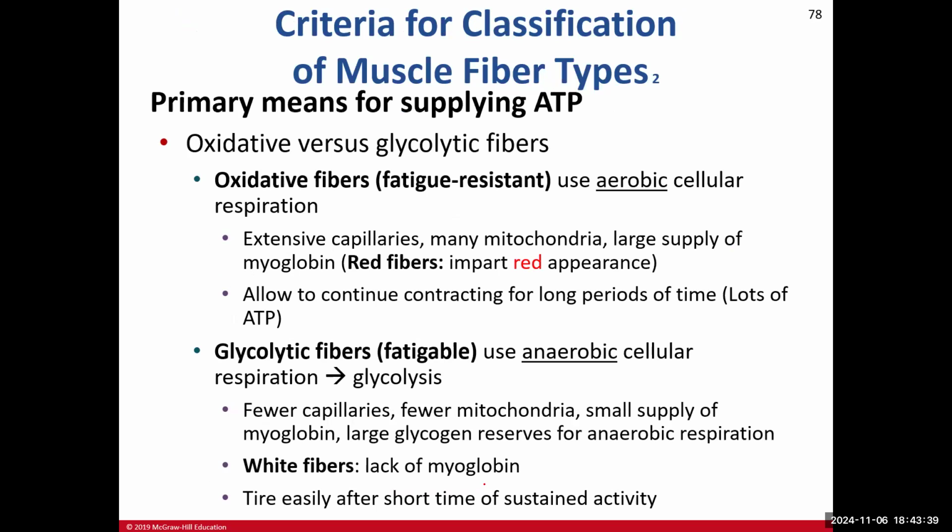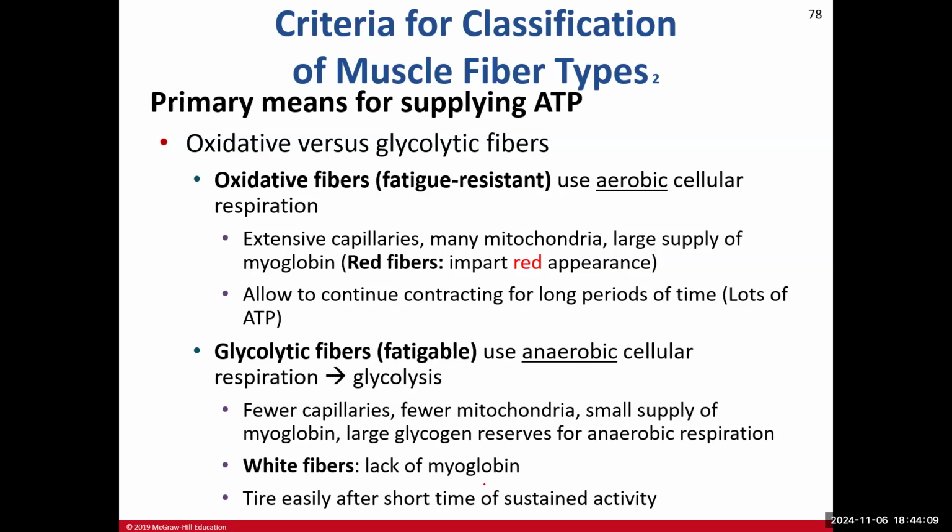The first one is called oxidative fibers, and the second one is called glycolytic fibers. If you look at the nicknames here, oxidative fibers are referred to as fatigue resistant. So those take longer to tire out. Why? Because they have more ATP on hand. The glycolytic fibers are nicknamed fatigable, which means that they will tire out, which means they'll burn through their energy supply fast.